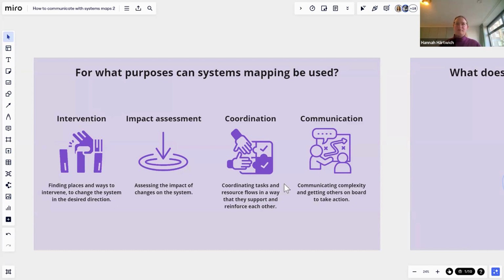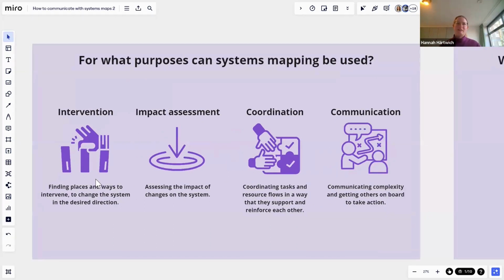But the four most common application types I can think of so far, you can have a look at here. The first one, the most typical one, is all about interventions. We have complex systems that we are dealing with, and we want to find places and ways to intervene to change the system in a desired direction.